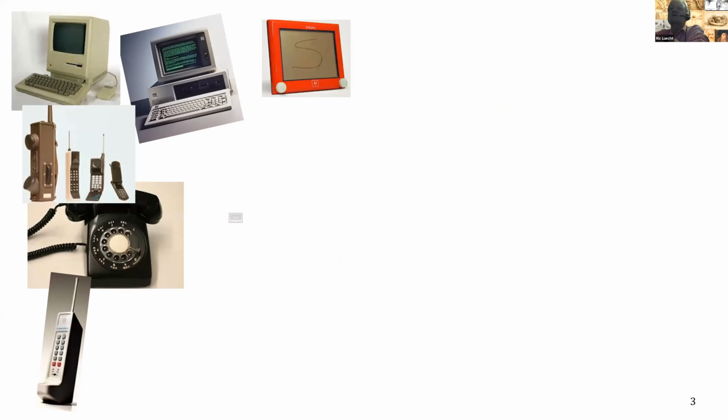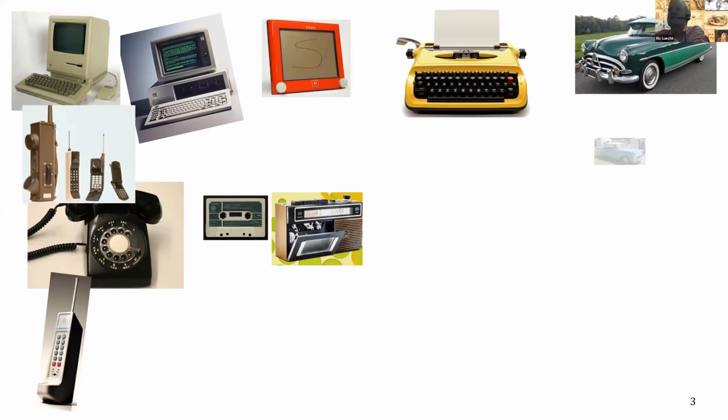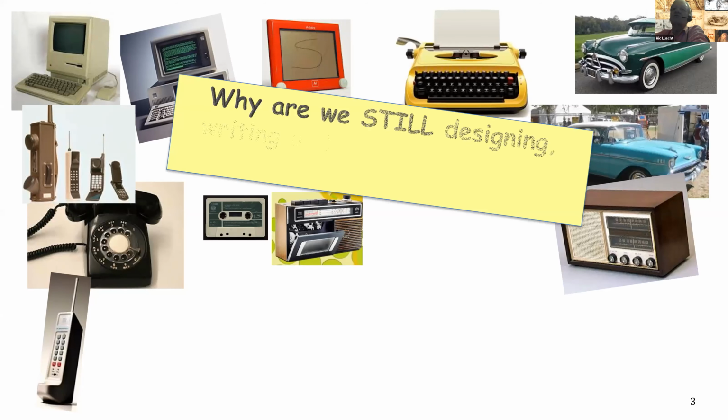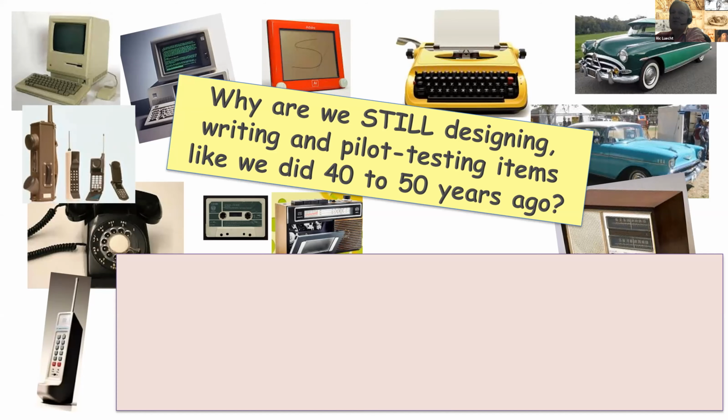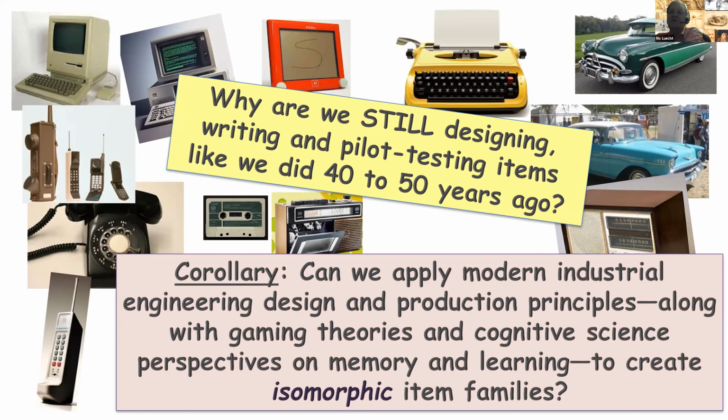One of the things that drives me on this is a very simple thing. All these things I put on the screen here are pretty old technology by today's standards: typewriters, old Apple computers, rotary dial telephones, transistor radios. But why are we still designing and writing and pilot testing items like we did 50 years ago? I just find that phenomenal, that we're that far behind the curve in terms of development.